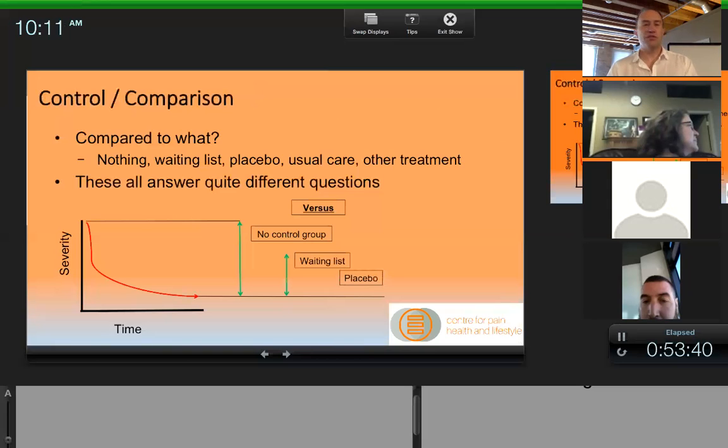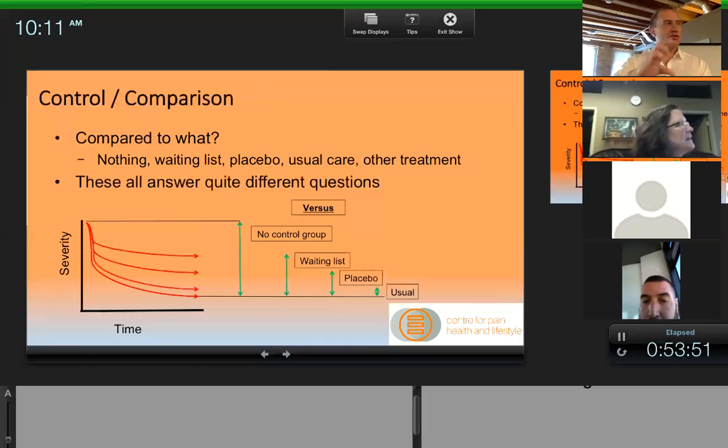If we compare it to a placebo, we might decide it's only that effective. If we compare it to usual care, it might be only that effective. So you see, if we're talking about treatment effectiveness, that measure, i.e. the size of that green line, obviously depends on what you compare it to.